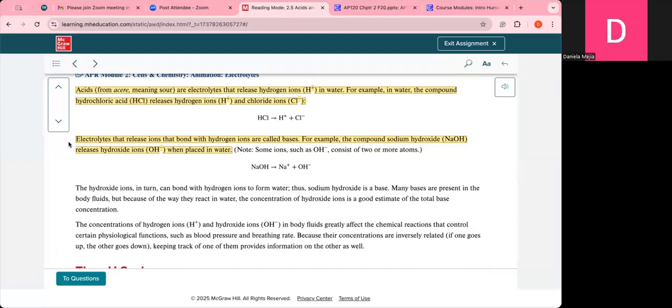So if you release the hydrogen ions themselves, then you're an acid. If you release the ions that bond with the hydrogen, then you're a base.